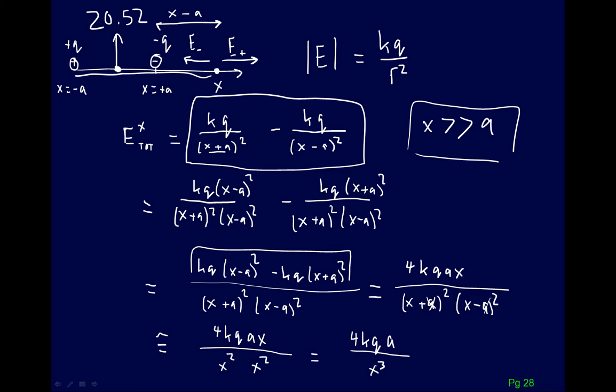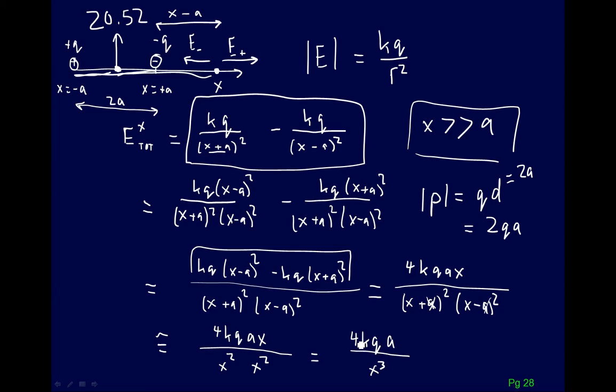And then just the final step is this definition, which I'll probably never use, but they like to use this. And this is just the definition of the dipole moment. The magnitude of the dipole moment equals the charge times the distance of separation. And so for us here, that would be 2q times a, since our d equals 2a. Remember that the charges are at negative a and positive a, so the total separation between them would be 2a.